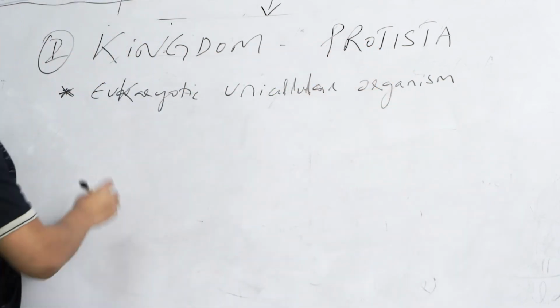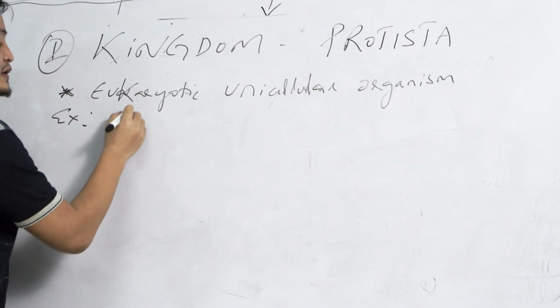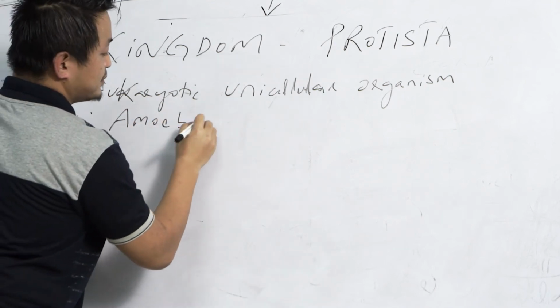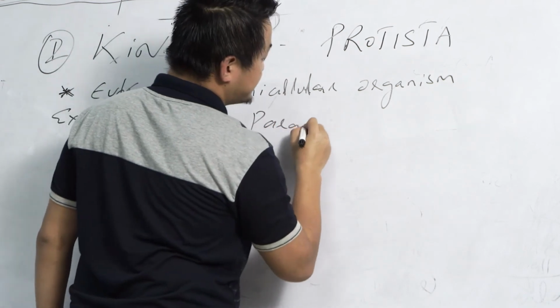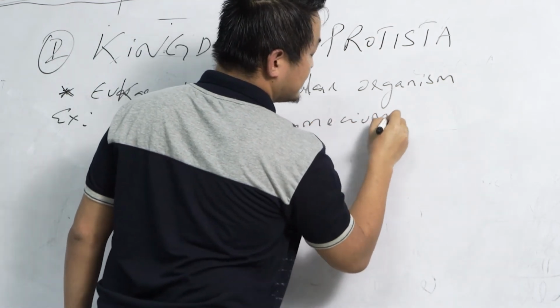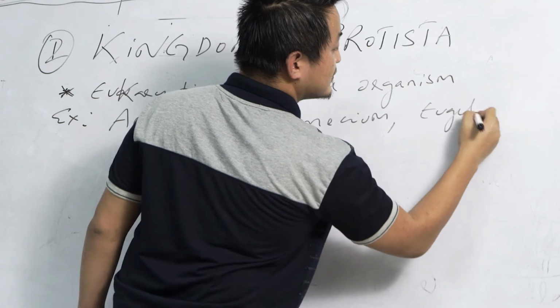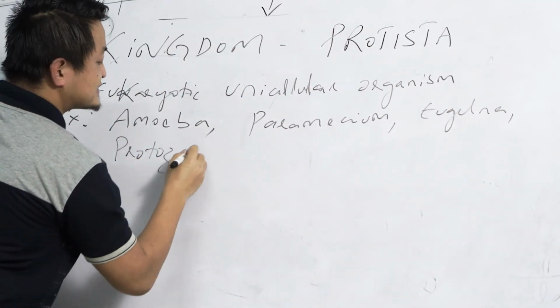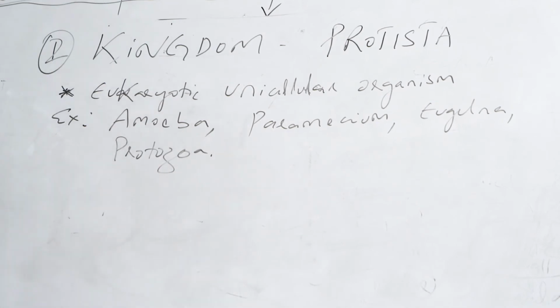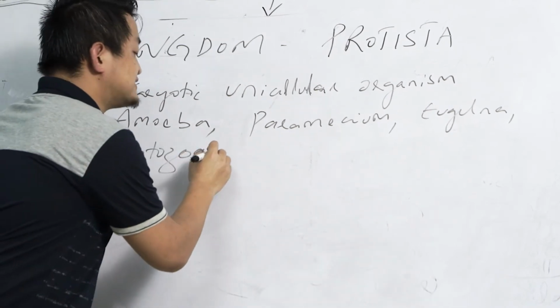Examples would be amoeba, paramecium, euglena, and protozoa. These examples are important because they are often asked in the exam.